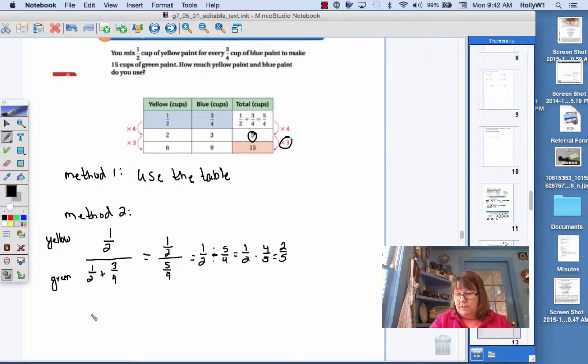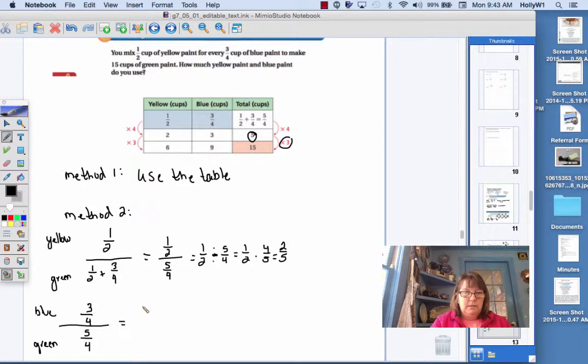Now I can do the same thing for my blue. So I have 3/4 cups of blue paint per 5/4 of green, which we know from here is 5/4. So this is a ratio of blue paint to green paint.